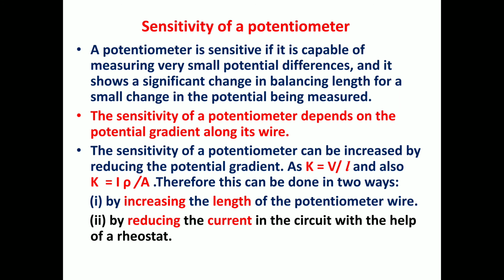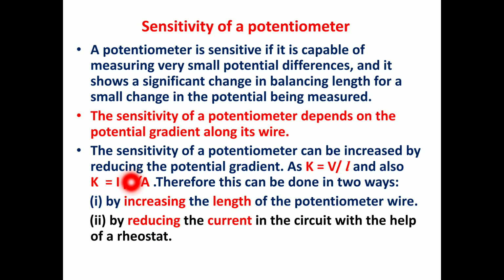Secondly, the potential gradient can be reduced by decreasing current, because another formula for potential gradient is K equal to I rho by A. Since A and rho are not changing, they are constant, what does it depend on?